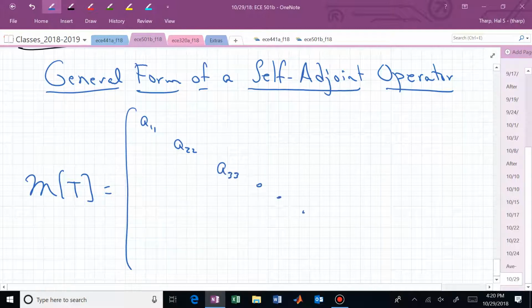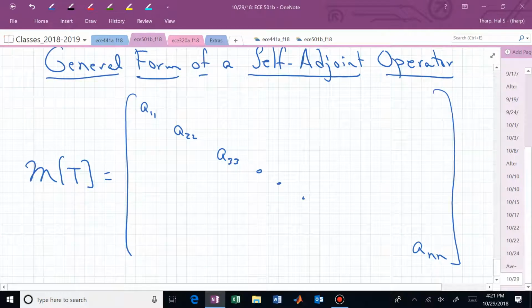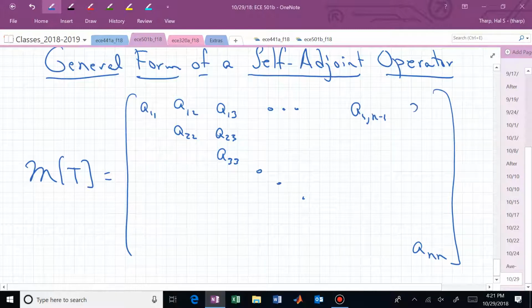Let me stop there and say I end up with A sub n. I need my diagonals to be real. My off diagonals, let me say I have A12, A13, here's A23, etc. I can go now to A1 n minus 1 and A1 n. And here I just keep going. This is A2 n minus 1, A2 n. If those are now in place, A sub n minus 1 n.